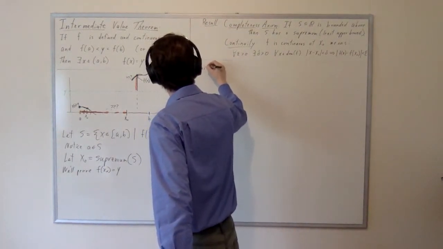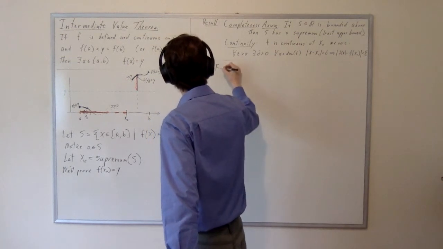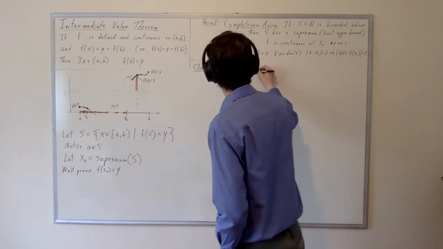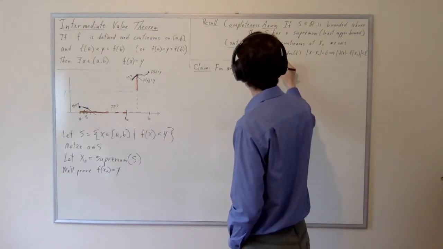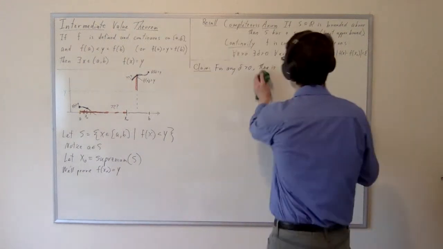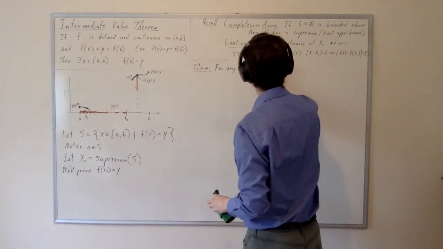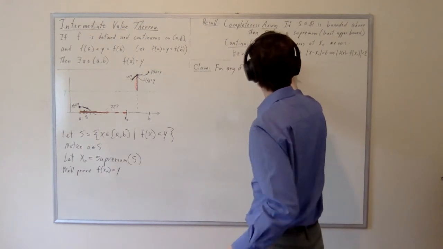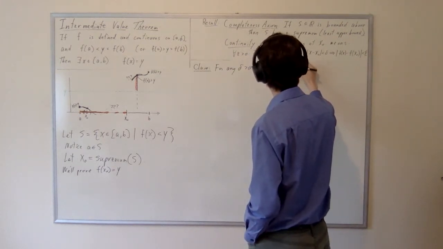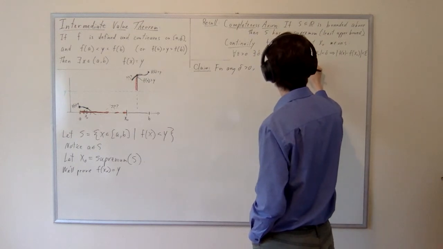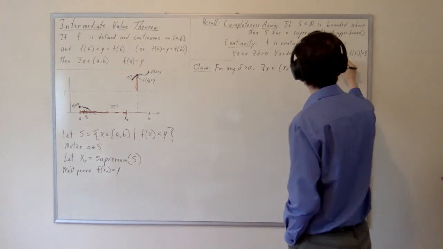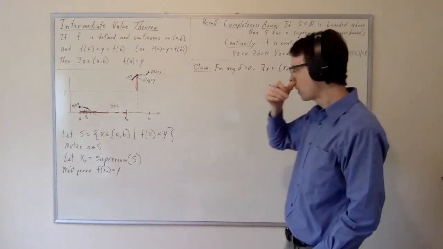So claim. For any delta positive, there exists x in the region from x naught minus delta to x naught, so that f of x is less than y.